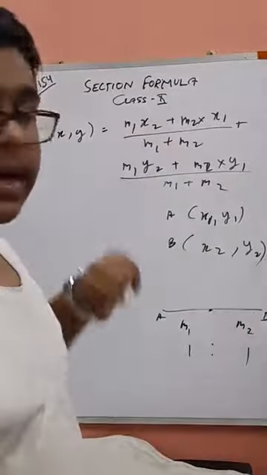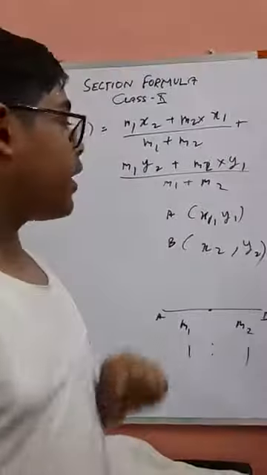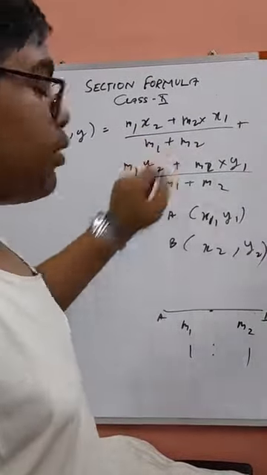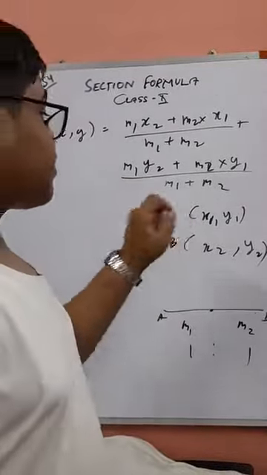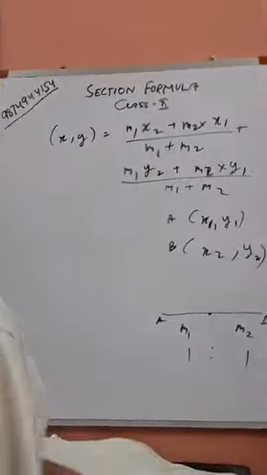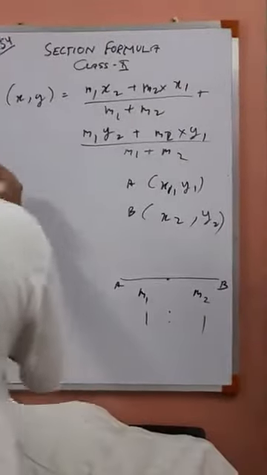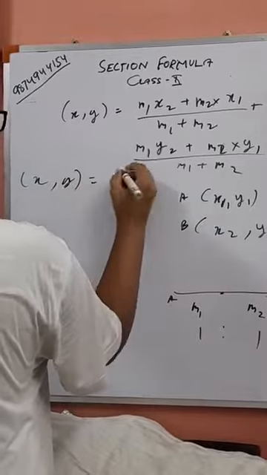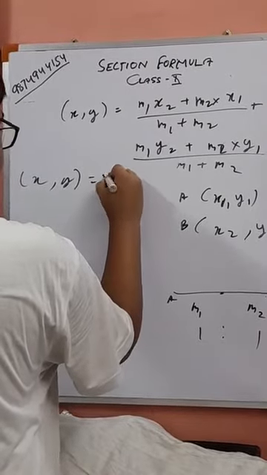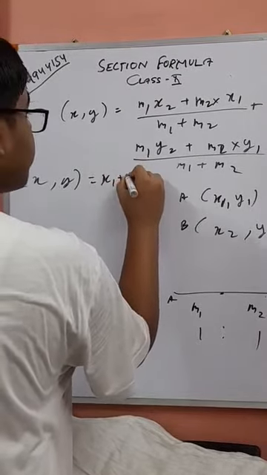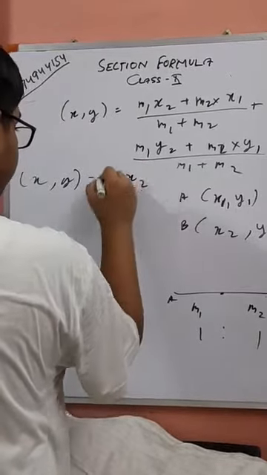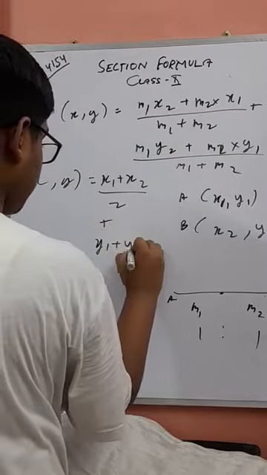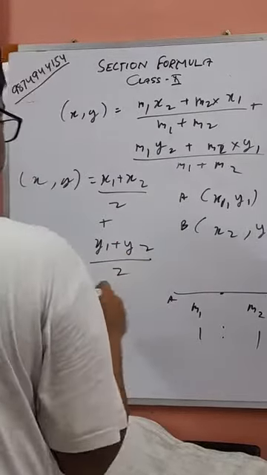So if we apply m1 and m2 as 1 and 1, it will be x2 plus x1 by 2, y2 plus y1 by 2. Therefore the formula for midpoint is x comma y is equal to x1 plus x2 by 2 comma y1 plus y2 by 2.